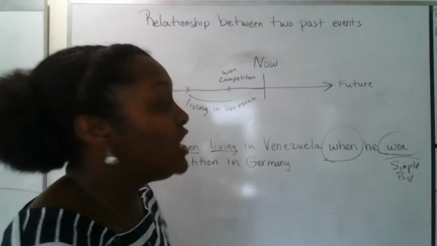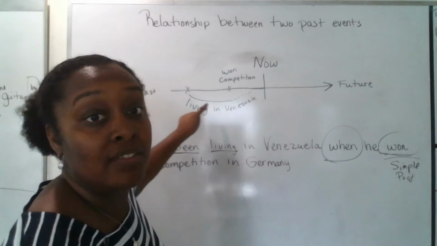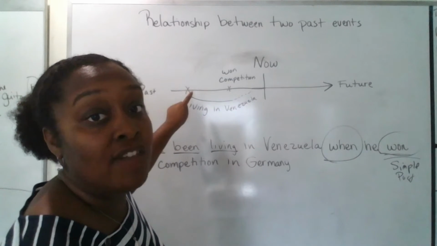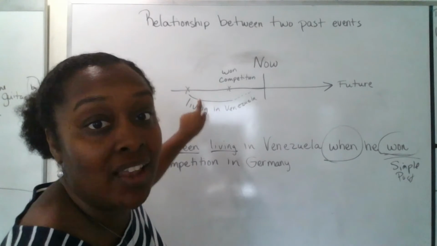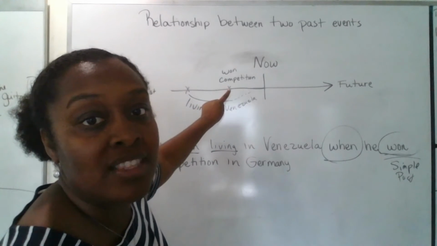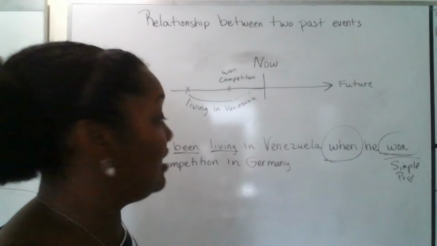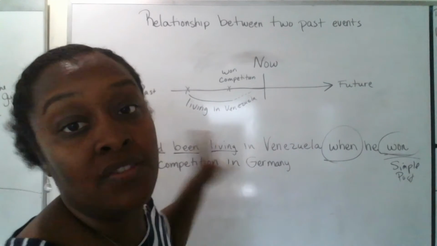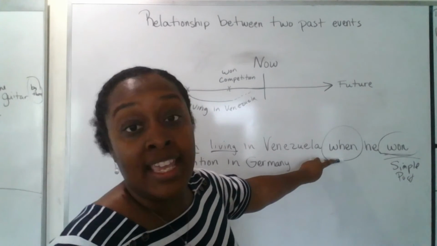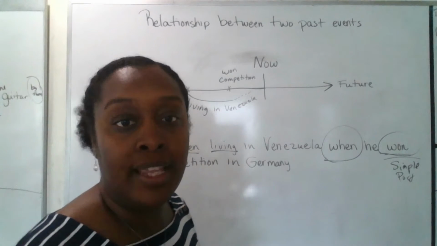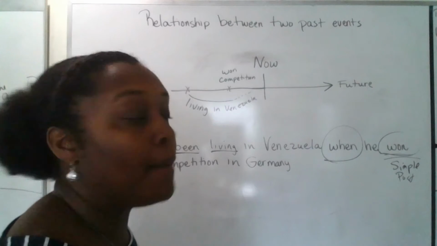When you have a continuing event, living in Venezuela, and you want to show the relationship to another event that happened while he was living in Venezuela, we use this event in simple past. We enter a time clause signal: when he won the competition in Germany.